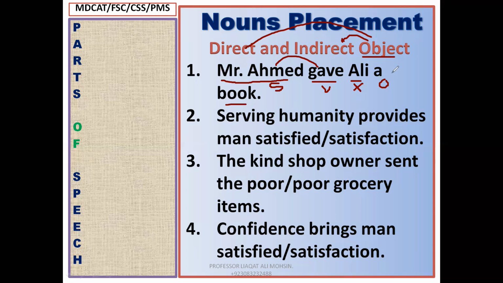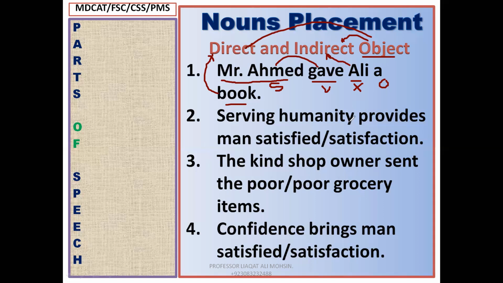The primary receiver is called the direct object, and the secondary receiver of the action is the indirect object. This is the concept of direct and indirect object: without the direct object the sentence can't be completed, and without the indirect object the sentence can be completed.